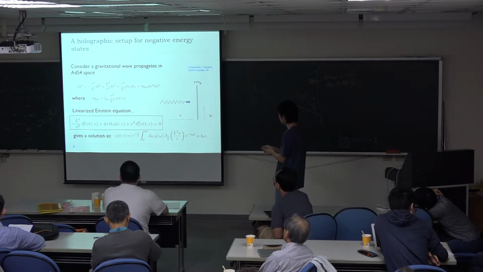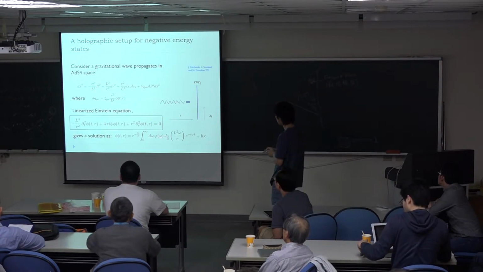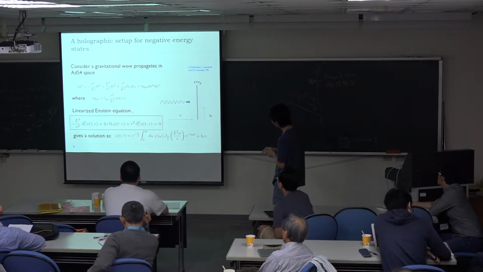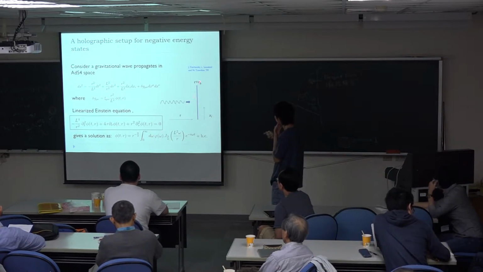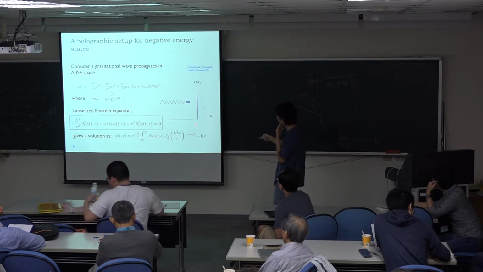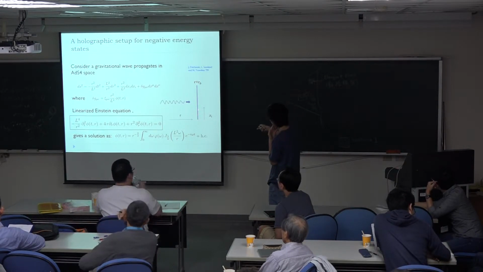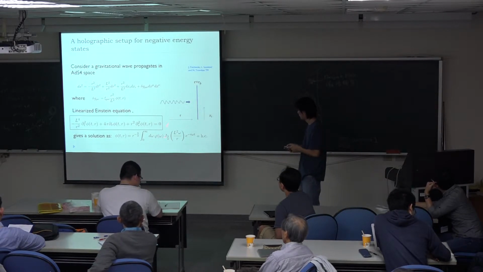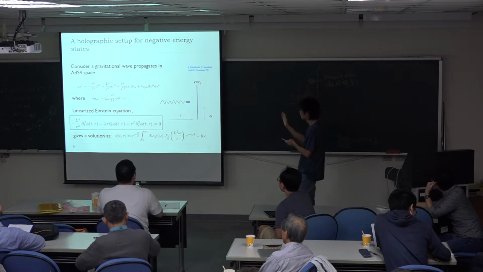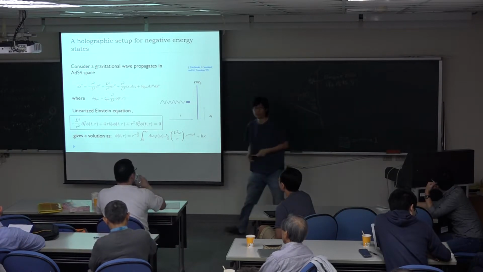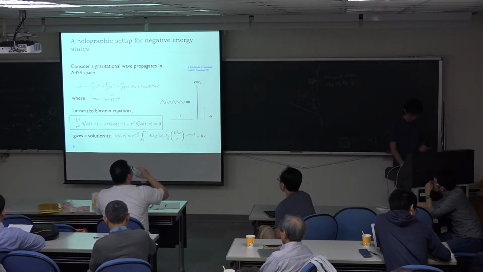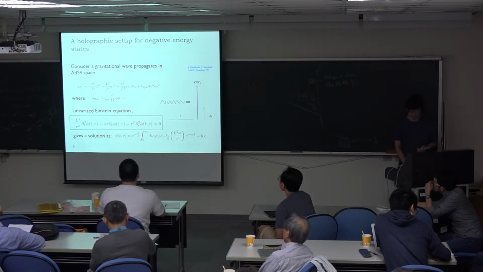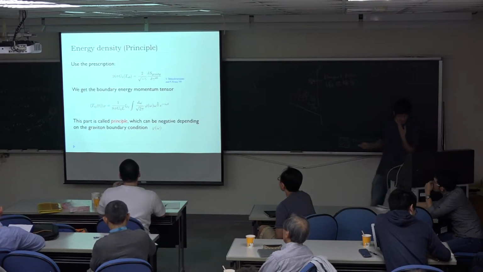So you can think of this as a wave packet traveling in AdS in the radial direction. This phi omega is specified by the boundary condition of the gravitational wave on the boundary surface. So given a boundary condition, you can find the bulk profile for the gravitational wave. Now we want to calculate the energy momentum tensor.